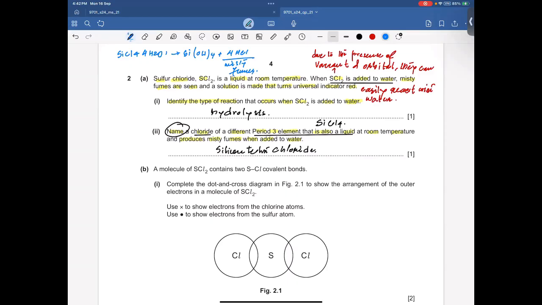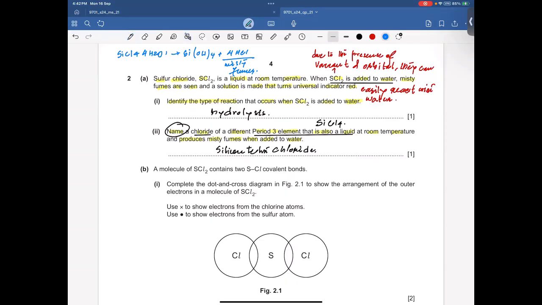So that was the reaction we have done in chemical periodicity, if you remember. So silicon tetrachloride is a period 3 chloride which is a colorless liquid at room temperature and pressure. And when it is hydrolyzed with water, it will give you misty fumes of HCl along with white precipitates of silicon hydroxide.